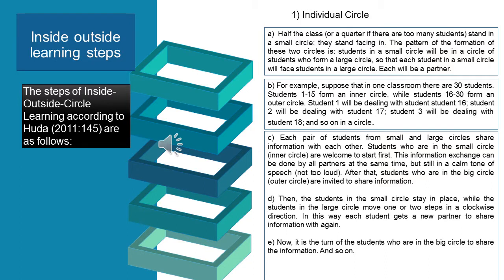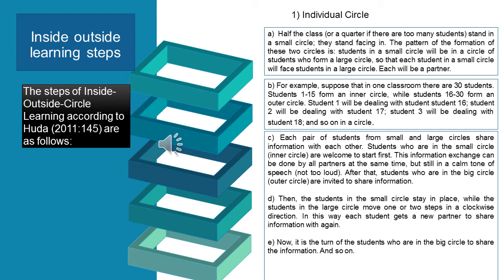Inside-outside learning steps. The steps of inside-outside circle learning according to Huda 2012, 145, are as follows. Number 1. Individual circle. Half the class, or a quarter if there are too many students, stand in a small circle, facing in.